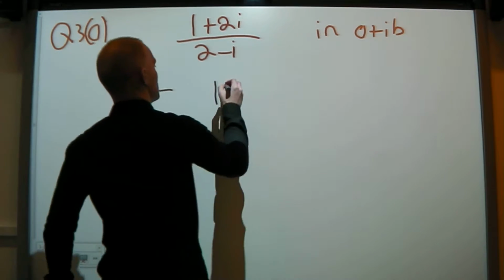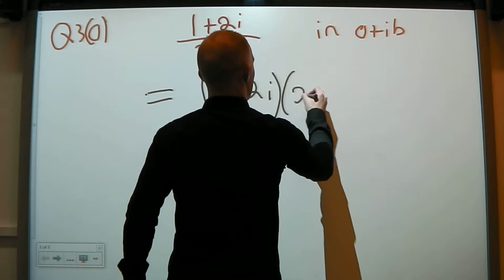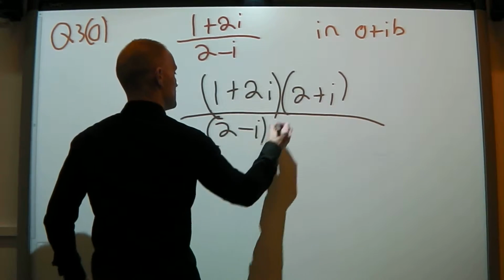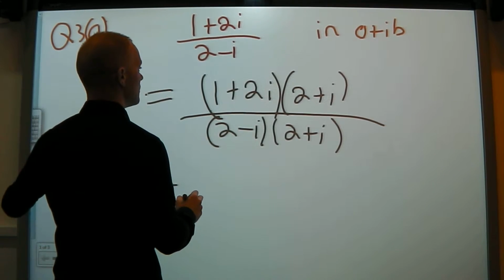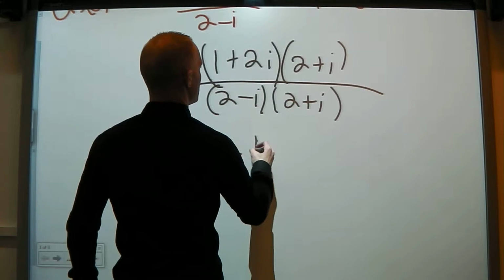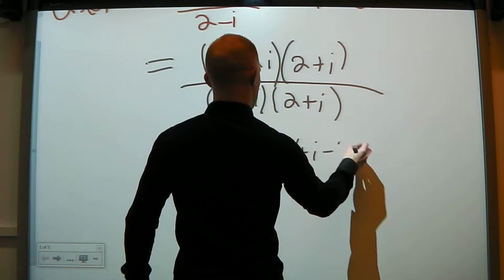So that is equal to (1 plus 2i) times (2 plus i) all over (2 minus i) times (2 plus i). And that is equal to 1 times 2 is 2, plus i, plus 4i, minus 2.